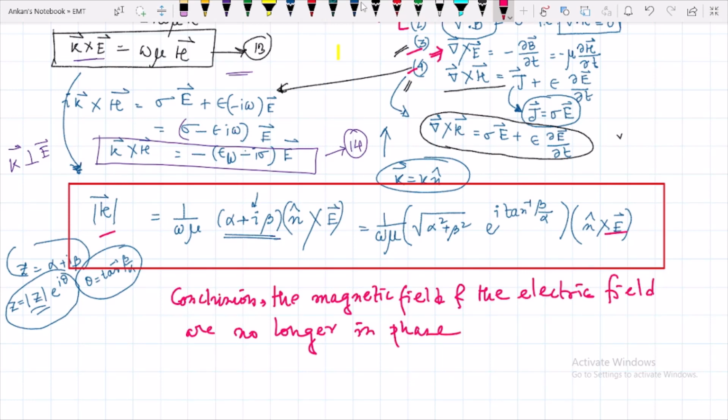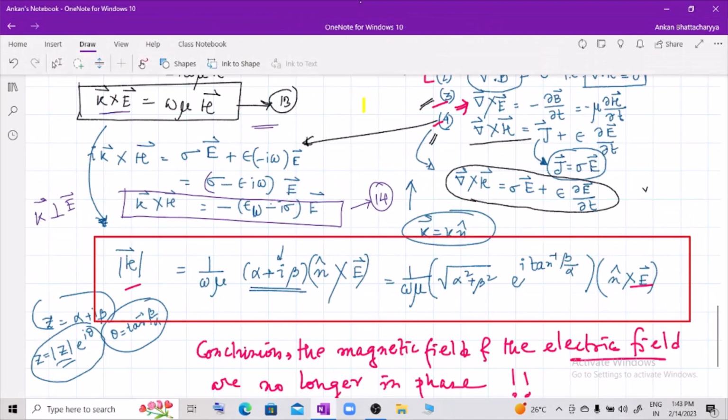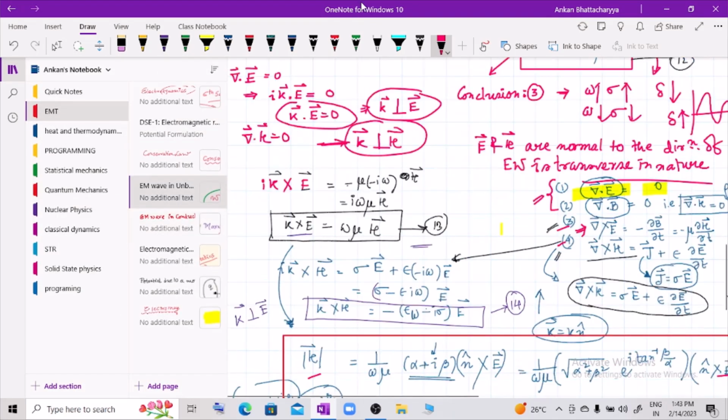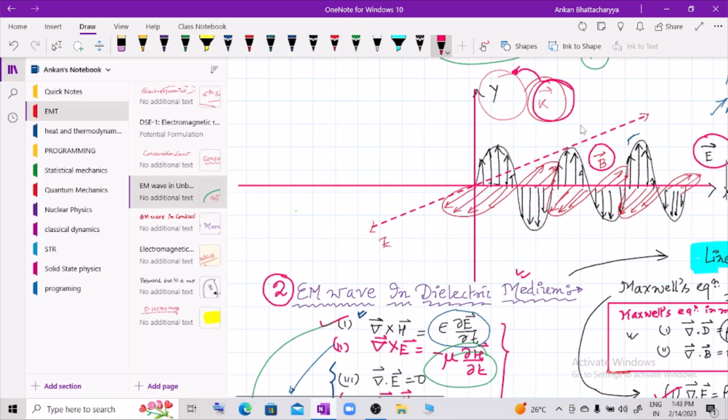This is the beautiful conclusion. In the previous cases we have obtained that the electric field and magnetic field are in phase. Let me show you.